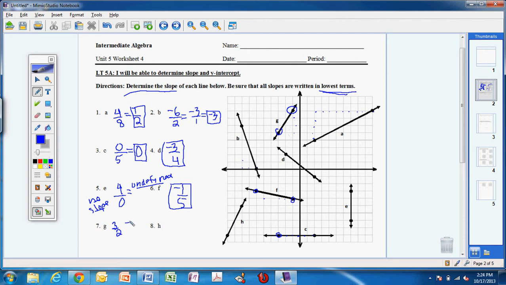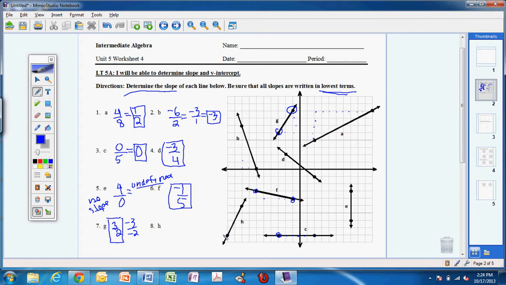So in this case, I would have had a negative 3. And my run, I'm going to go back, that would make this a negative. So in this case, both answers, when I simplify, I'm still going to get 3 halves. Oops, cancel. So I'm still going to get 3 halves for my final answer on this one. Whichever point you start at, it doesn't matter. You will still end up with the same slope.